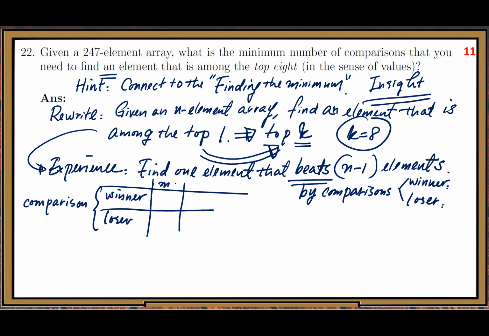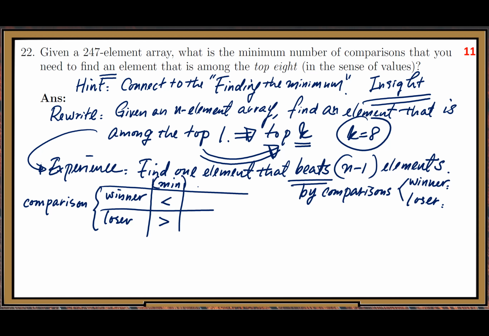Finding the minimum, the smaller the better. Against your intuition, usually the larger the better. But our goal is minimum, so the smaller one is the winner. The greater one becomes the loser.